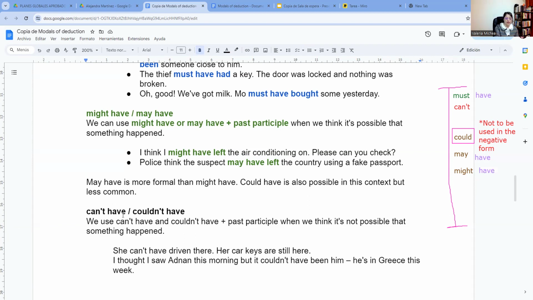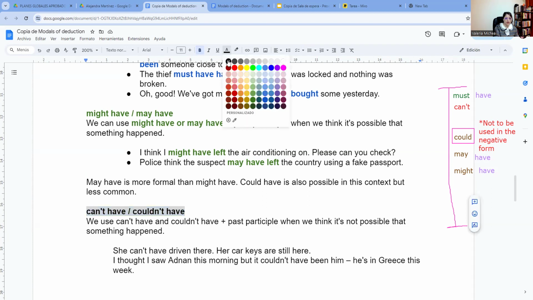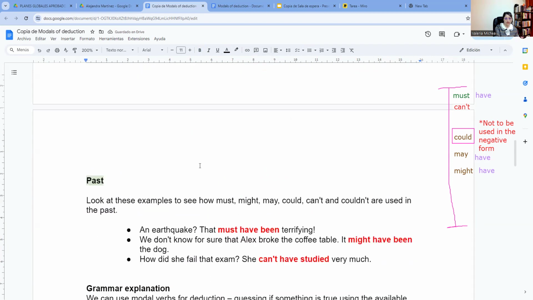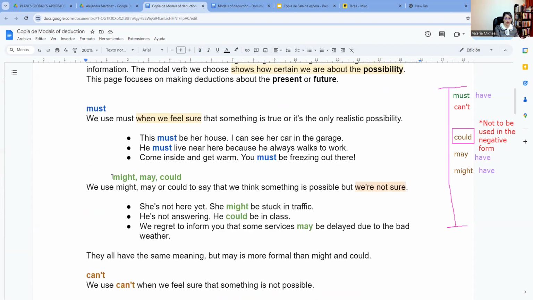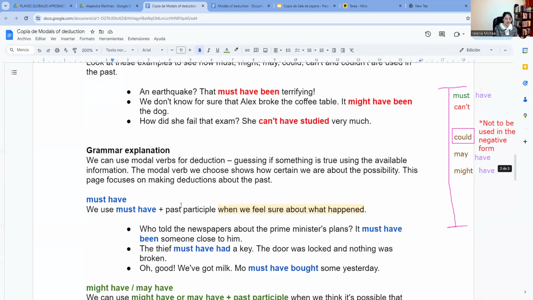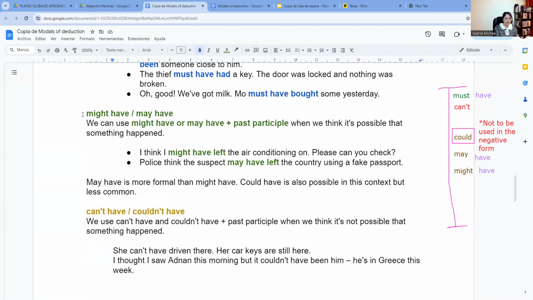And finally, we have can't have, or couldn't have. So it's the opposite of the previous one. In the present, we have could with this group: may, might, could. But in the past, we don't have it in this group.